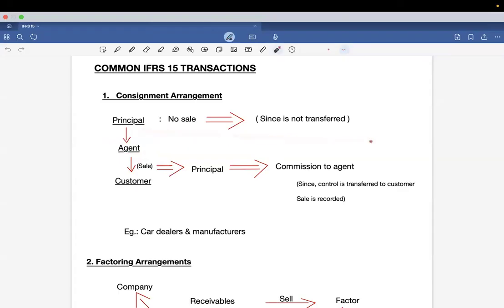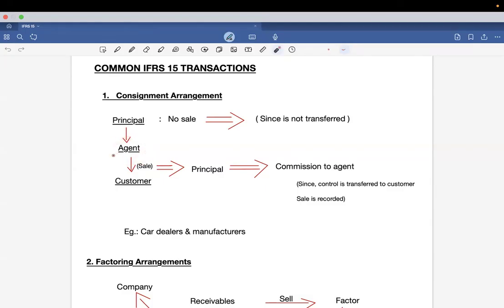Now, when the agent spots a customer and finally sells the products to the customer, there would be a sale. But here too, you should be careful because in the question, you might be an agent, you might be a principal, right? So, depending upon where you stand, if you have actually sold the goods off, the sale amount is actually a liability for you if you are an agent. Understood?